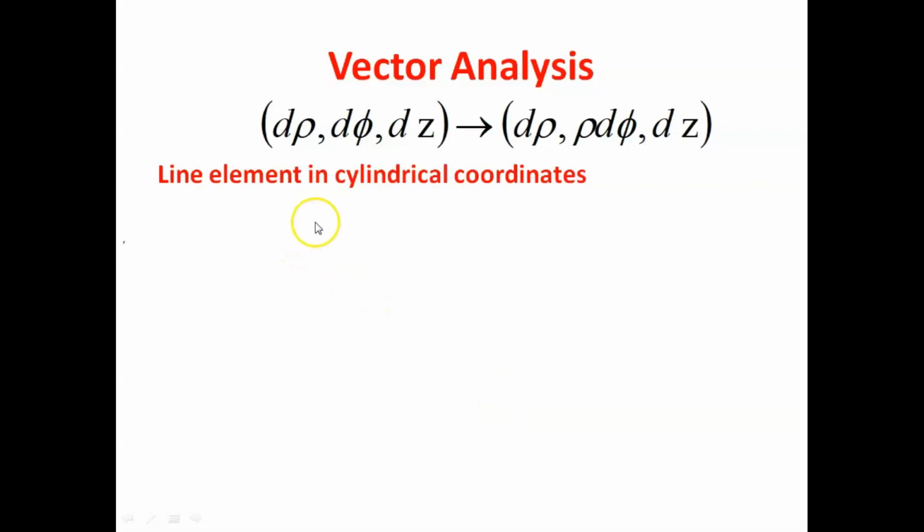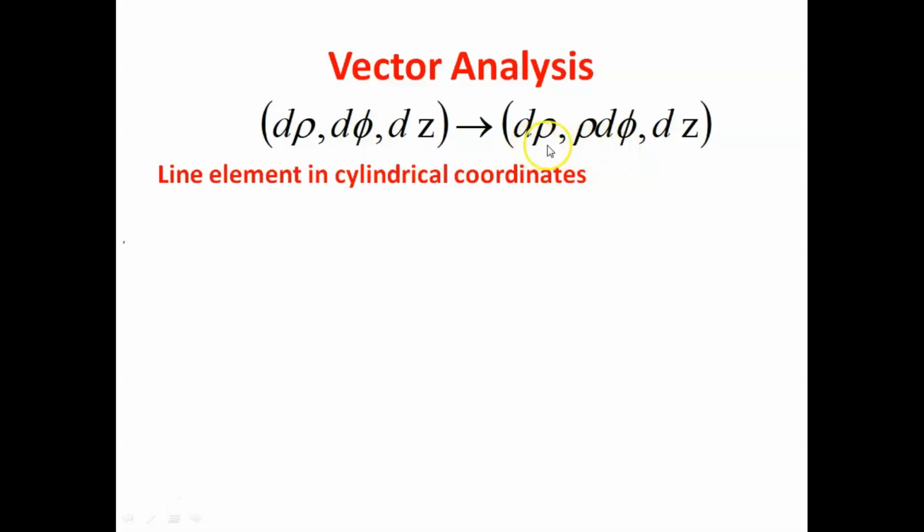Now, in cylindrical coordinate system, we have variables rho, phi and z. The infinitesimal changes we can consider d rho, d phi, dz. But here, the middle coordinate is not representing length, it is representing change in the angle. So when you multiply change in angle to the radius vector rho, that makes arc length rho d phi.